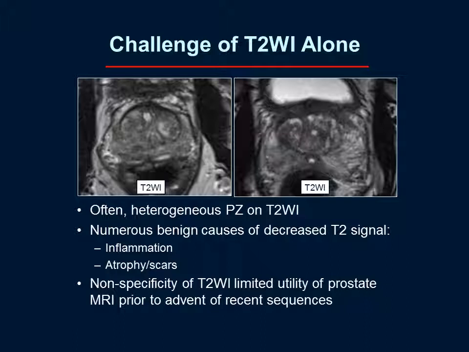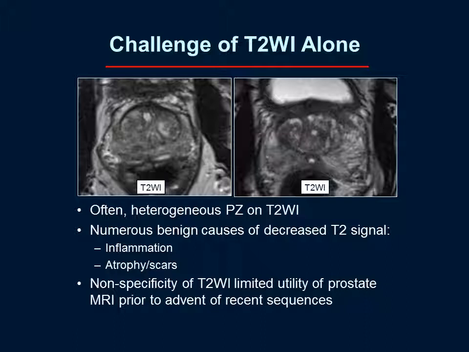Although T2 weighted imaging alone is not sufficient for prostate cancer detection and localization, and this relates to the often heterogeneous appearance of the peripheral zone on T2 weighted images, with numerous benign causes of decreased T2 signal, including inflammation, atrophy, scar, as well as other conditions.